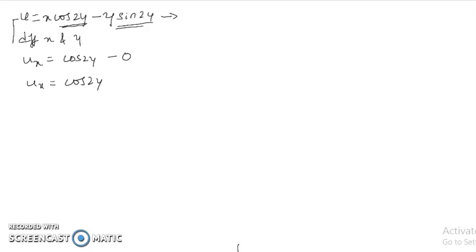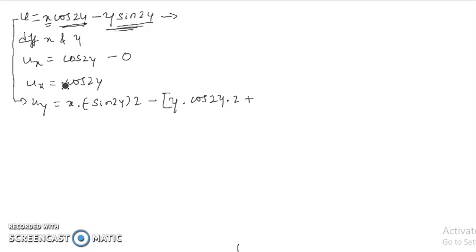And similarly if I differentiate this function with respect to y, u subscript y. I have to keep this x as it is. Now I'm going to differentiate this cos 2y. Cos differentiation is going to be minus sin 2y, and again 2y differentiation is 2. Minus, and I have to apply the u v rule here, so y I'll keep as it is. Sin differentiation is cos 2y, again 2y differentiation is 2, plus this sin 2y I have to keep as it is.